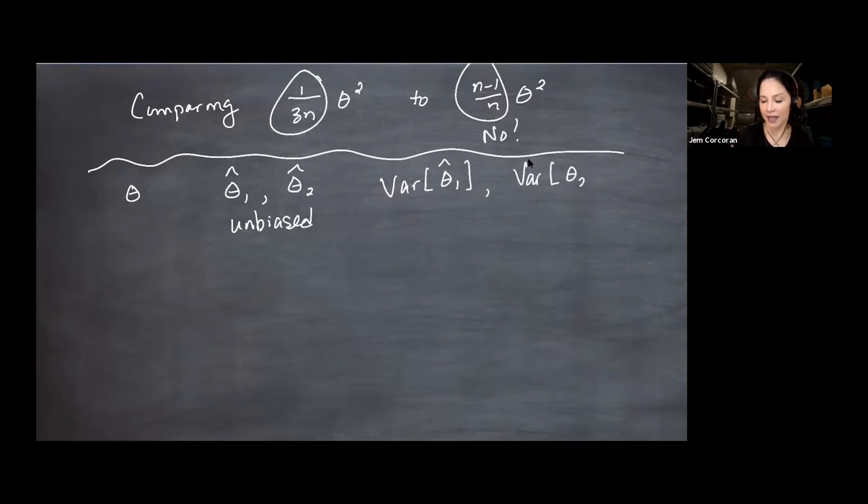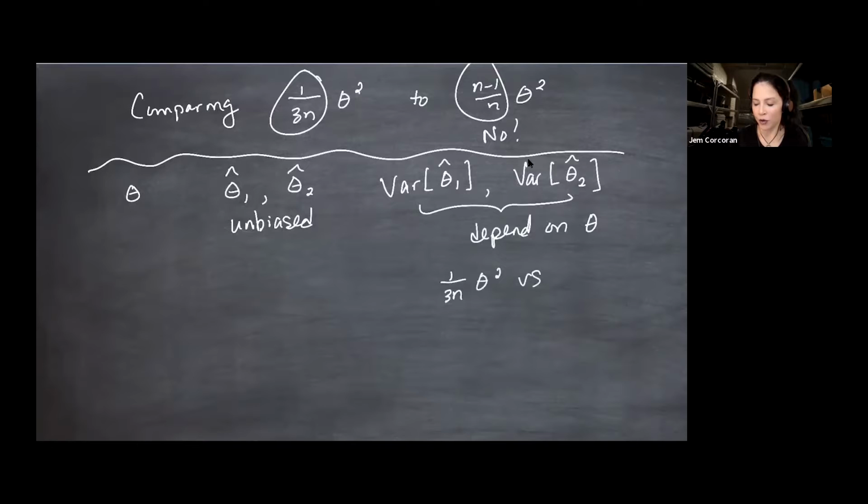But these variances depend on theta, and theta is unknown to us. So if you don't know theta, how do you know which variance is lower? It might be something obvious like 1 over 3n theta squared versus 1 over 3n plus 1 theta squared. That's just an example where you can say one is lower than the other without knowing theta.